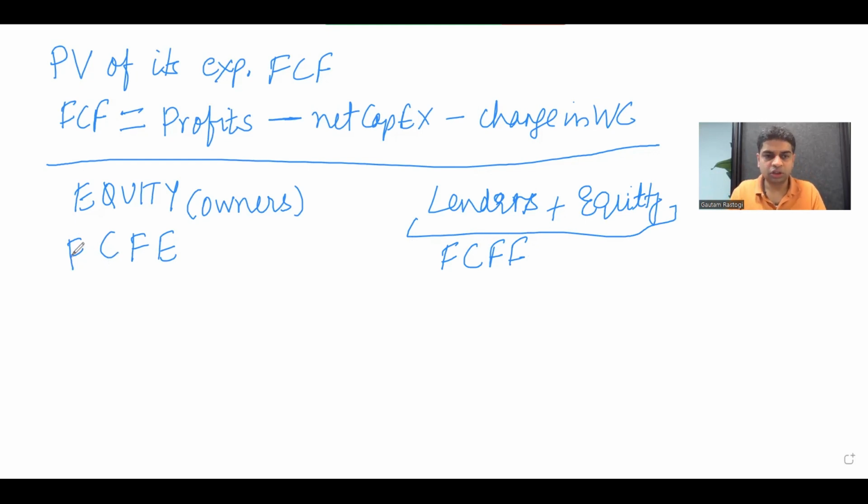All right. So when you estimate free cash flow to equity holders and then discount it to the present, we'll talk about discounting in detail in this video, but just be with me right now. When you estimate free cash flow to equity in the future and discount it to the present, the value that you get is called fair market value of equity.